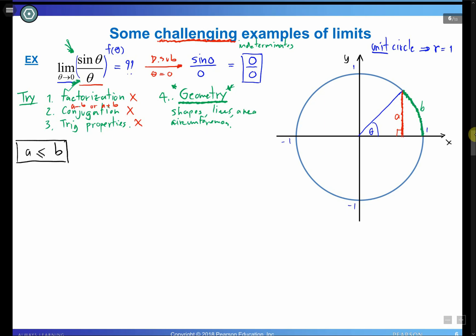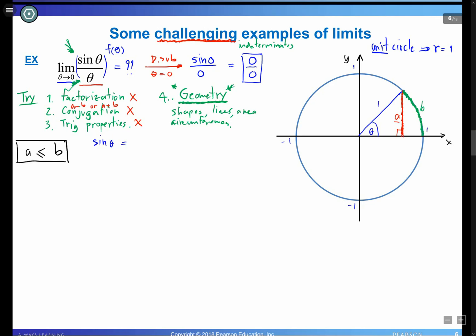Let's take a look here. I want to find this sine theta. What is it equal to? So sine theta is equal to the ratio of the side opposite of the angle divided by the hypotenuse. So it's going to be this side right here, opposite of the angle, divided by the hypotenuse. Hypotenuse here is the radius of the circle, so the length would be 1.